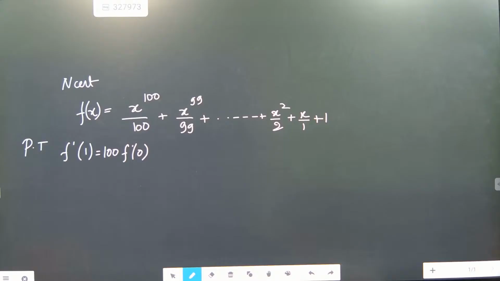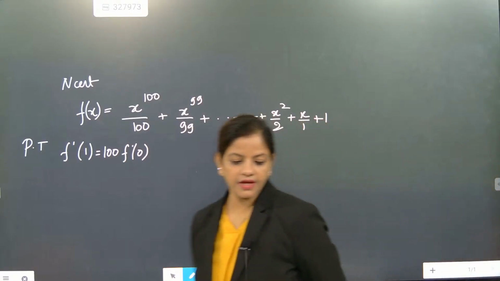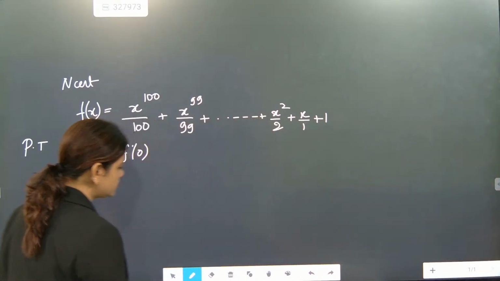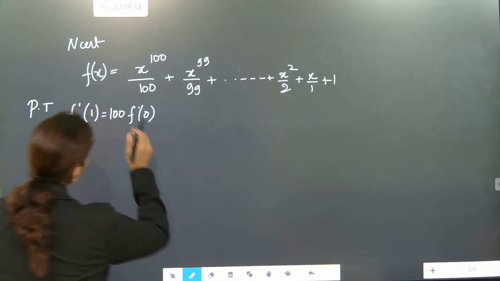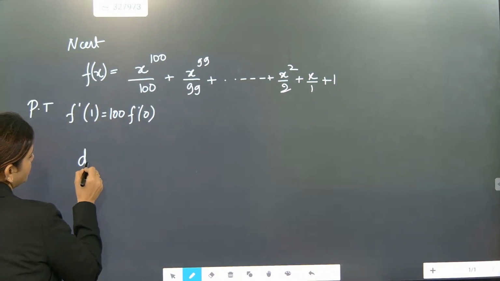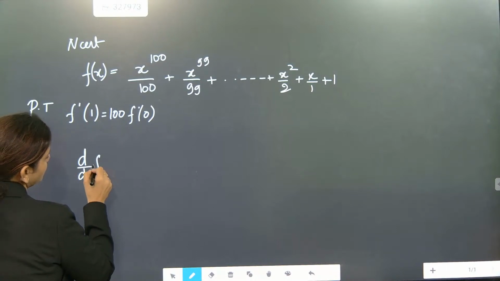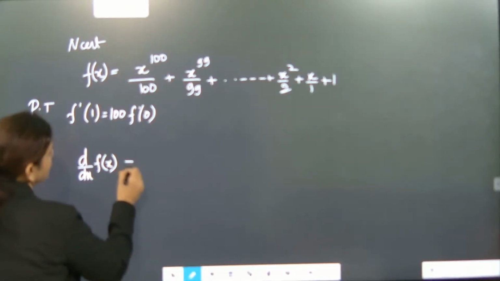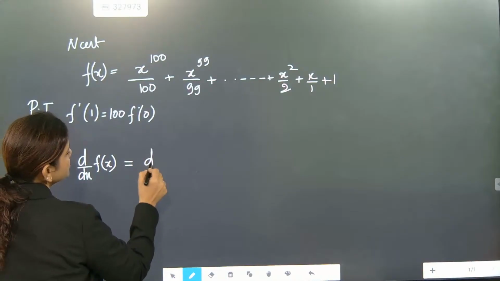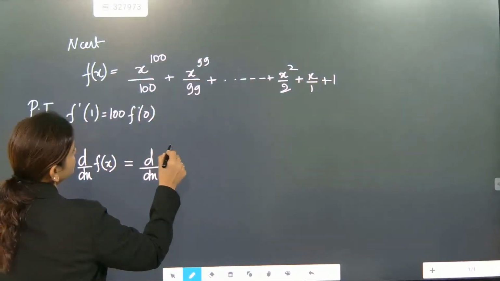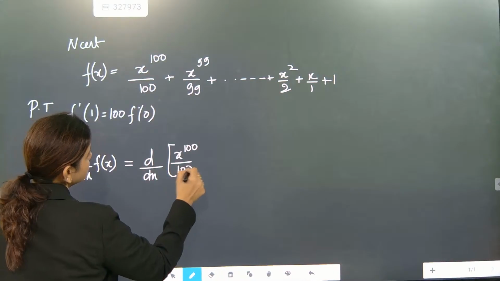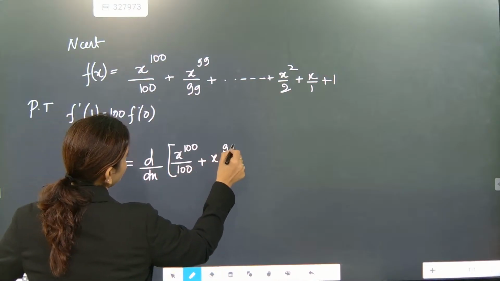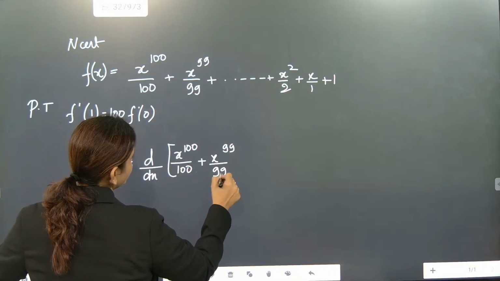Now first, we will use a simple method. Just understand this. What is the simplest method? Because we have to differentiate, when we write d by dx of f of x, the differentiation will be distributed to the left side and the right side. So we differentiate each term: x to the power 100 by 100, plus x to the power 99 by 99.